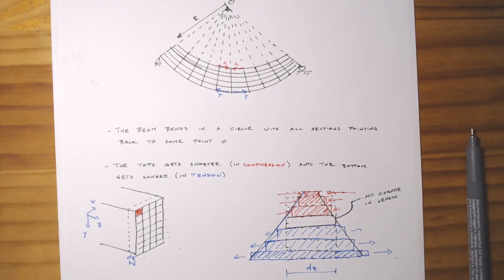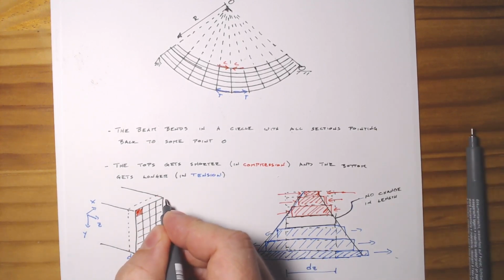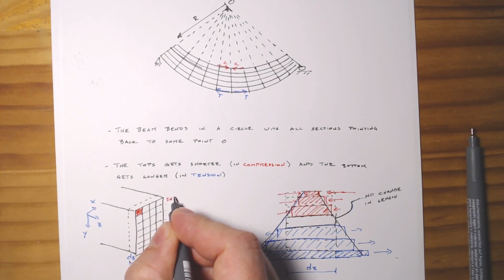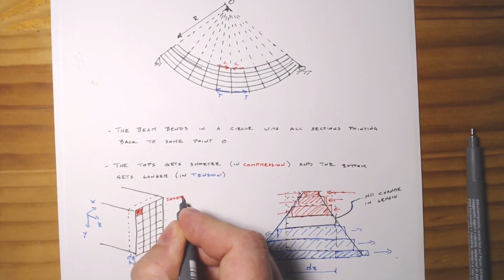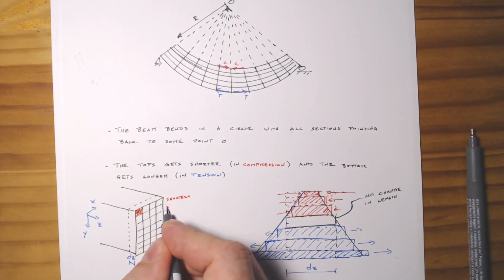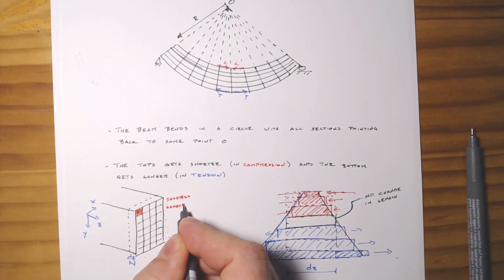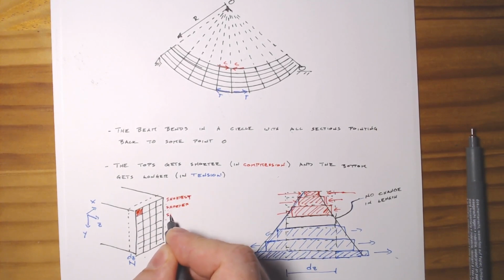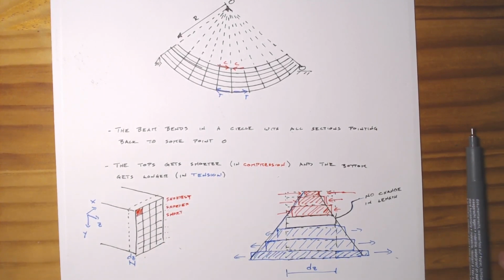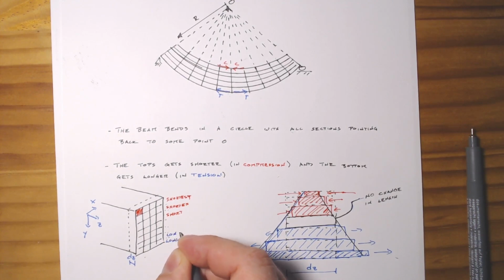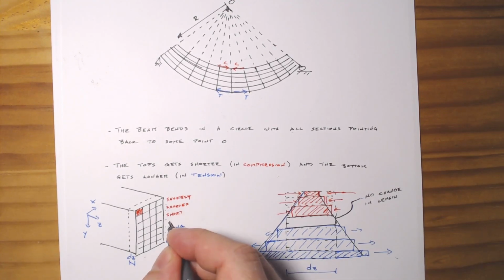And so if we write it down, the top would be the shortest, and then you'd be shorter, and then short, and then in tension you're longest, longer, long. And somewhere in the middle, you have no change in length.